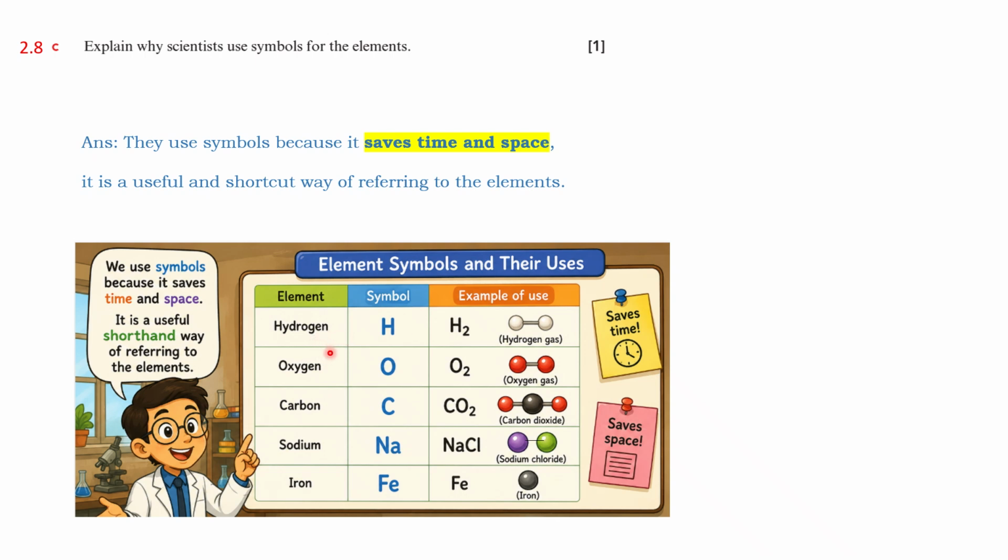It also takes a lot of time to write, and it becomes difficult for the reader to understand what exact element was given. So in order to save time and space, and fit all 118 elements into a small periodic table which can fit on a single paper, it becomes easy to use their symbols. That's why we use symbols for the elements instead of writing their full names.